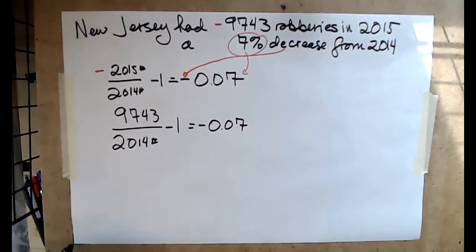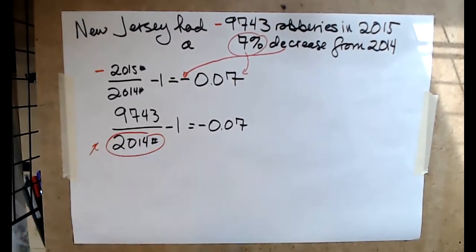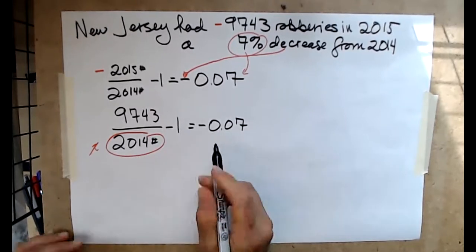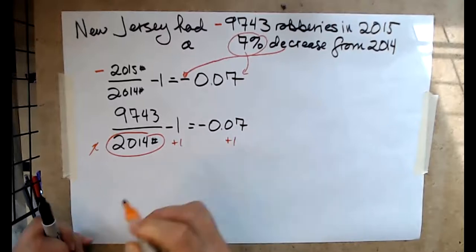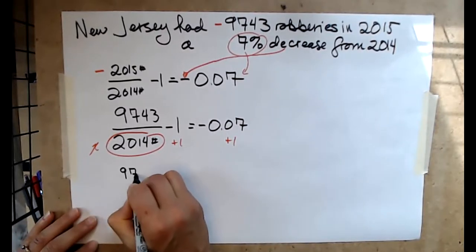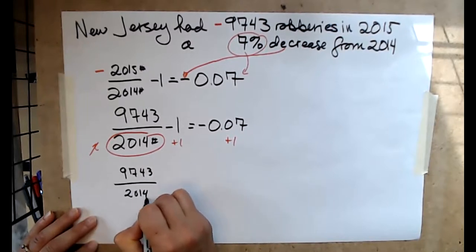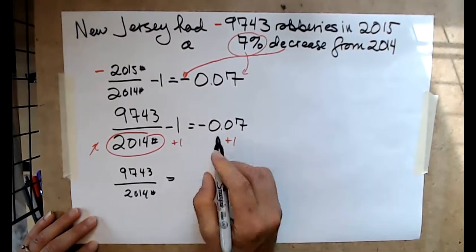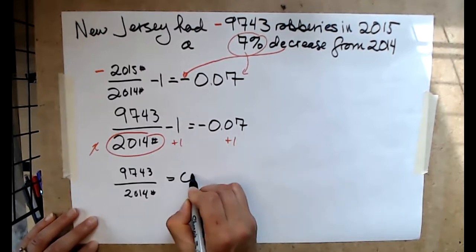And at this point, it's an algebra problem. This is essentially our x, our unknown, the thing that we're trying to solve for. So first I'm going to add 1 to both sides of the equation in order to get rid of that part. And I'll be looking at 9,743 divided by this 2014 number is equal to negative 0.07 plus 1, which is 0.93.